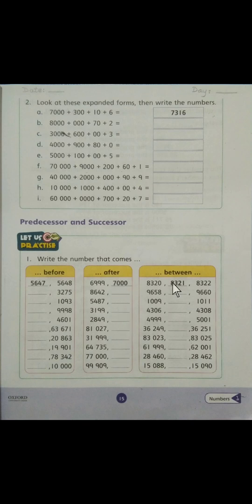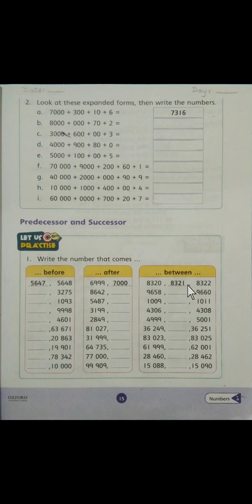Look at the between column. In this column, here we have three columns. The first column and the last column have been given to you. You have to write the number that comes between these numbers. As the first one has been done for you, look at example 1. Here we have the number 8320 and the number 8322.